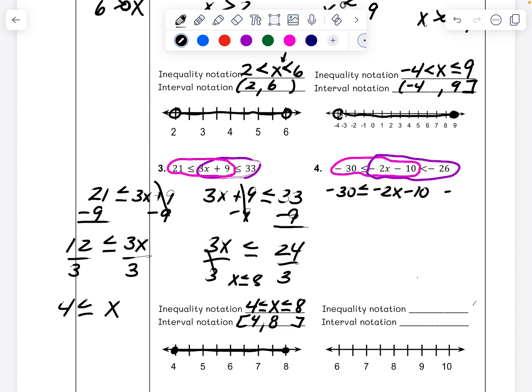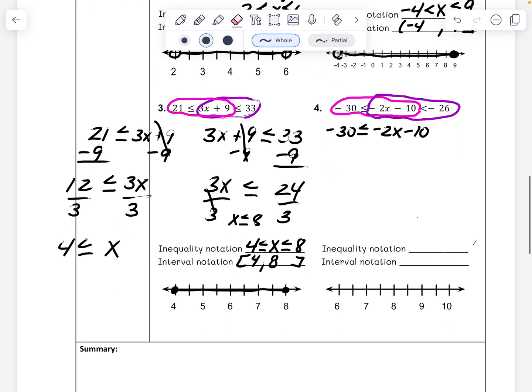And then we have negative 2x minus 10 is less than 26. And I'm going to write that one down here. Negative 2x minus 10 is less than 26.